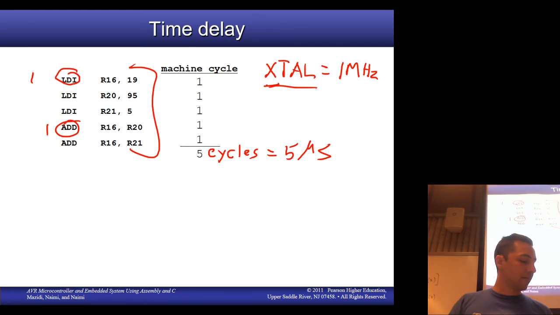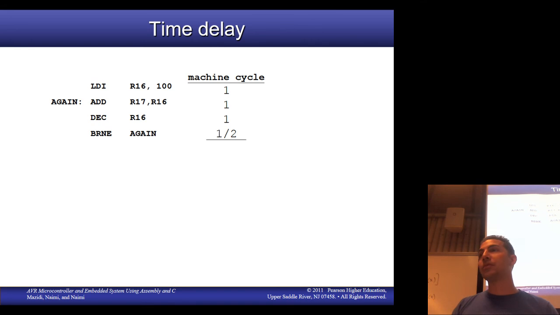Now, how long does branch not equal take? Go ahead, look that up for a moment. It does say 1/2. You're absolutely right. It takes 1 or 2. Why would it take 1 or 2 cycles? Because if it is equal to, it'll stop, but if it's not, it checks and then goes.